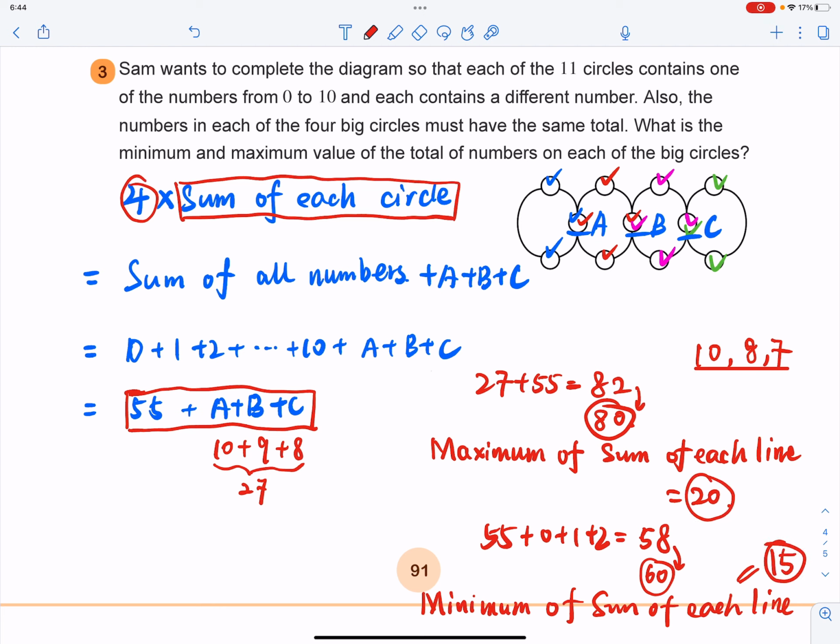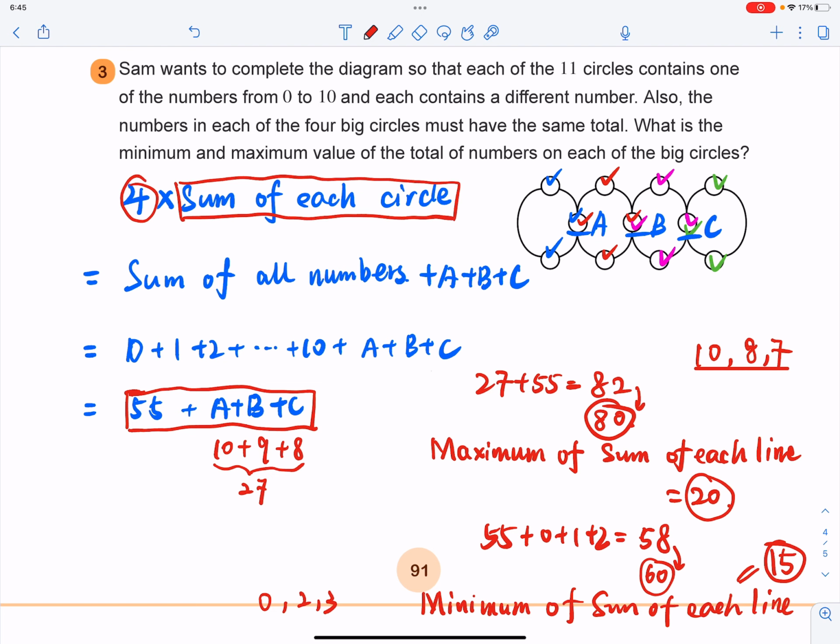That's it. If you want to get 15, you can have A, B, C, how about, let's see, 0, 2, and 3. 0, 2, and 3 add up to 5. And that plus 55, you got 60. Divided by 4, then you got 15.